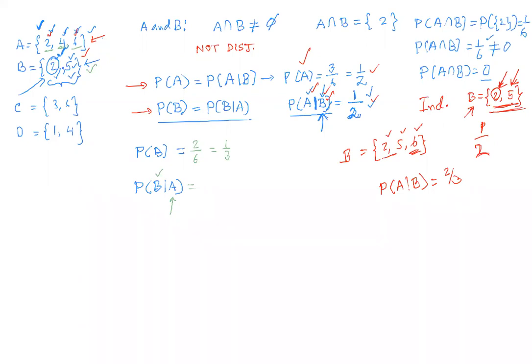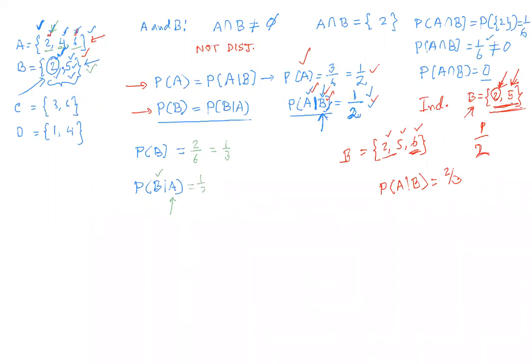B can happen only if the outcome is 2, not 4 or 6. A has happened by either 2 or 4 or 6. But 4 and 6 do not count. They don't make B happen. Only 2 makes B happen. So it's going to be what?